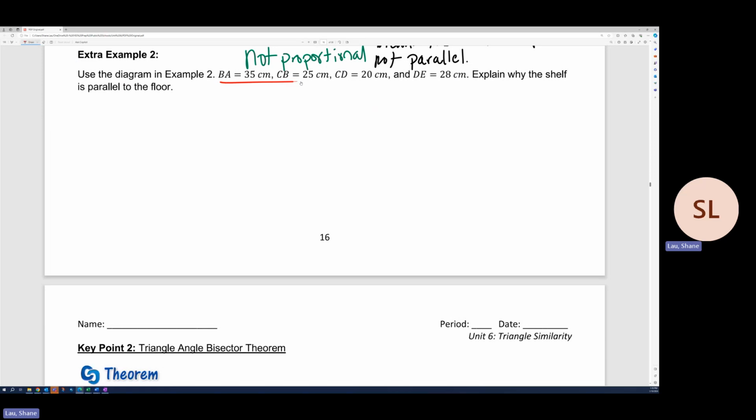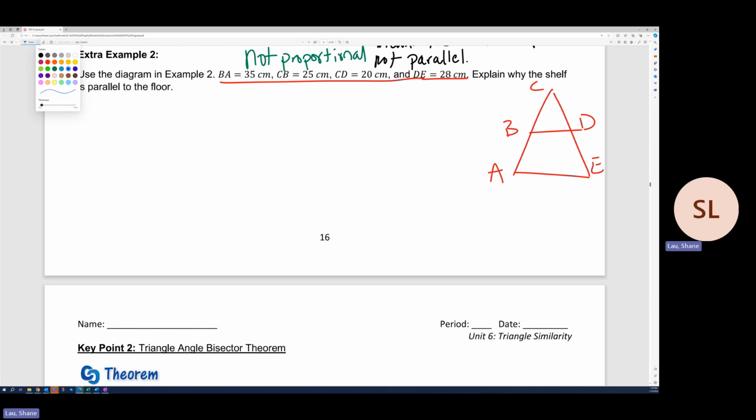Here we have new values. What I would do is redraw the image. So a triangle like this, I believe we had A, B, C, D, and E. And so we're going to add in these values. So 35, 25, 20, and 28. Set up exactly how we did before.